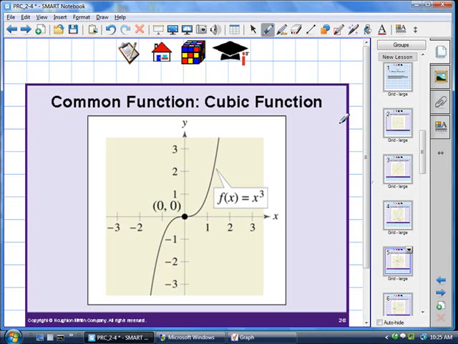The turn rule is kind of a handy little thing, so that when you are handed an equation and told to graph it, you already have an idea. By the way, that's the maximum number of turns. It could be less, right? So if I gave you a 4th degree equation, it could have up to 3 turns, but it might have less. At least you know it doesn't have more than that.